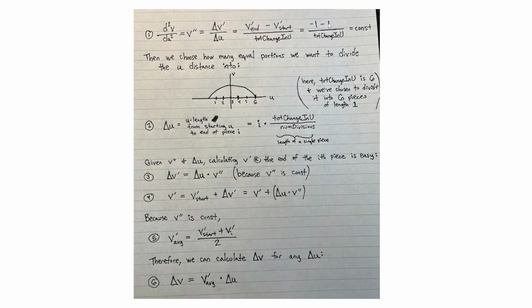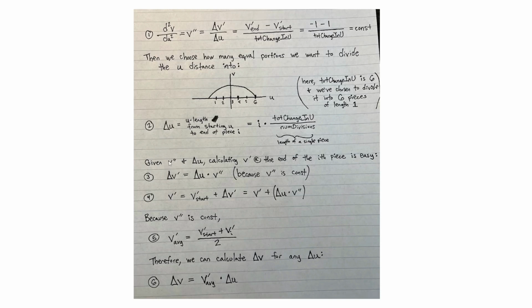So the total change in the derivative is -2. And the total change in U, like I said, we can set that to whatever we want. But if, for instance, we chose the total change in U to be 2, then the second derivative would be equal to -1. -2 divided by 2 is -1.